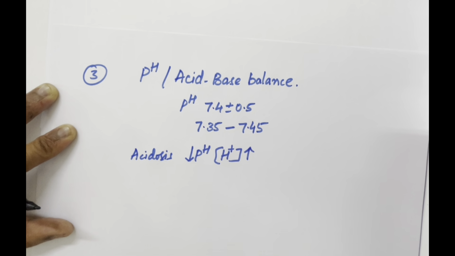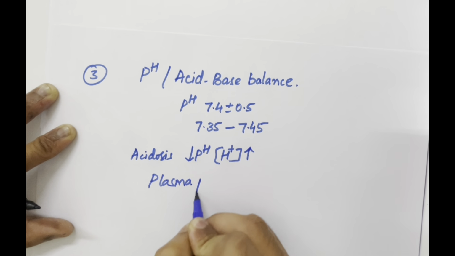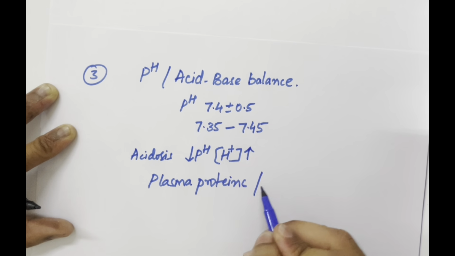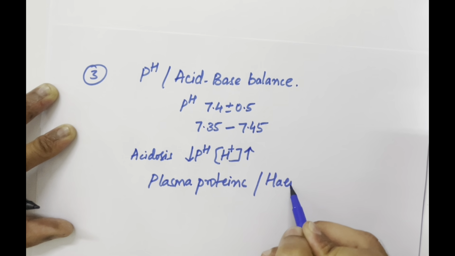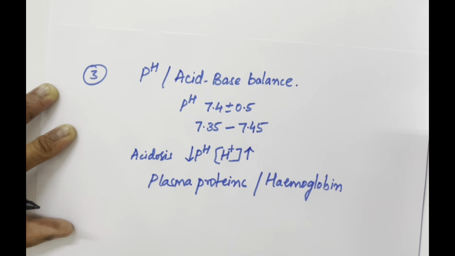So what is the role of blood in bringing back the pH to normal? The blood has plasma proteins and hemoglobin, and they act as buffers.